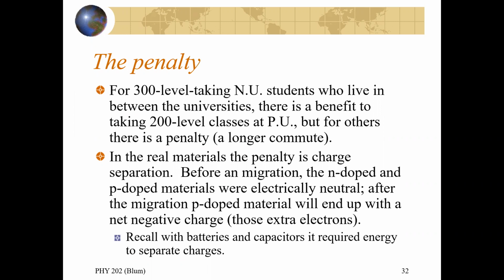So the penalty in the real world for this jumping over to find these lower levels is some charge separation. You can do a little bit of it, you can't do a lot of it. But the little bit you do, you lose your flexibility. So we had the pure semiconductor, not a good conductor. We p-doped it better, we n-doped it better, we brought them together, it's bad again.